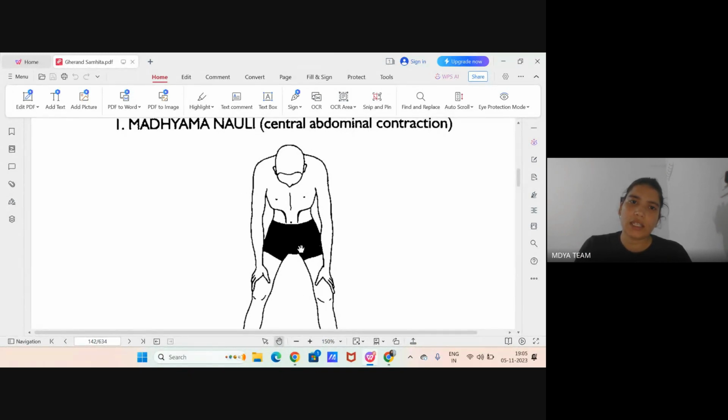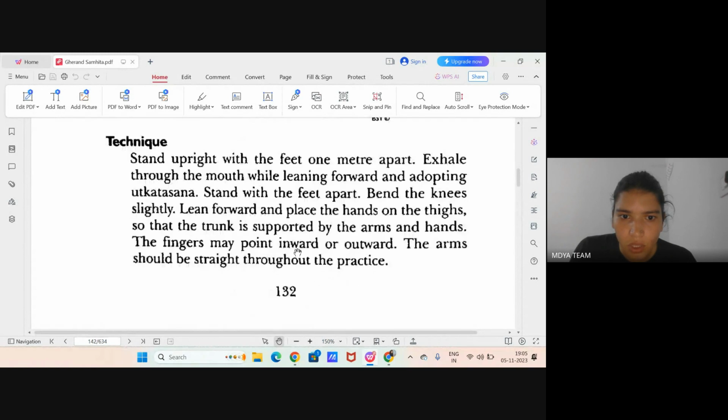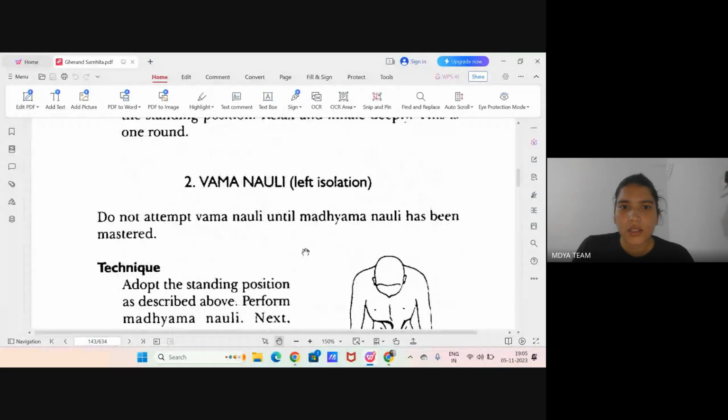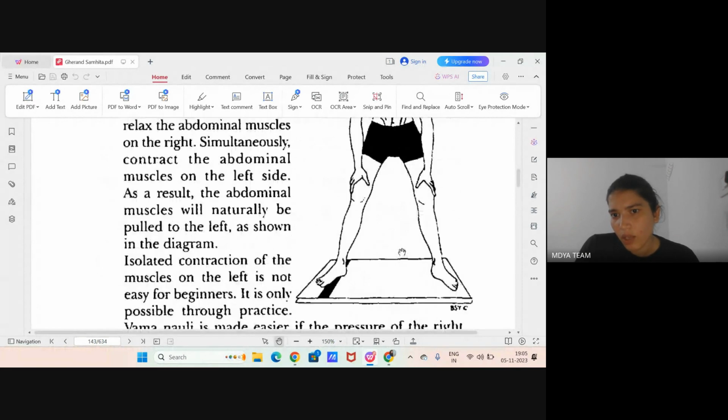Here in the explanation, there are three types of Nauli, actually four. This is Madhyama Nauli, in which the whole stomach is in the middle part of your body. This central abdominal contraction is called Madhyama Nauli. Vama is represented as the left side of your body, so when you isolate to the left side, this is called Vama Nauli.